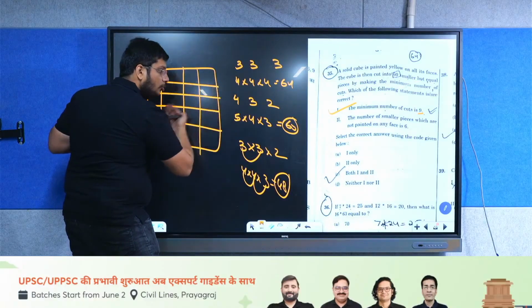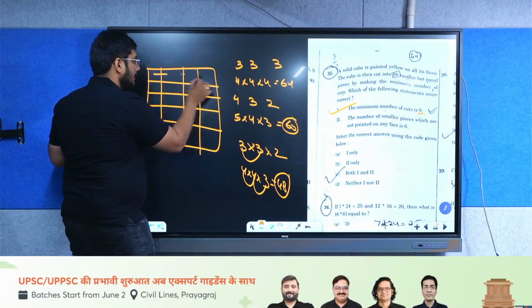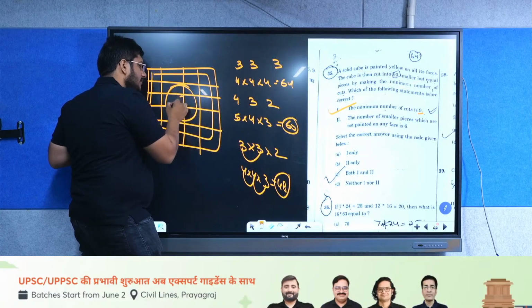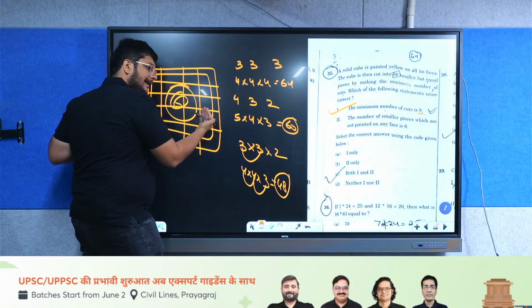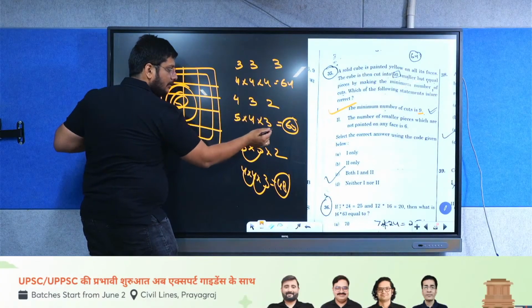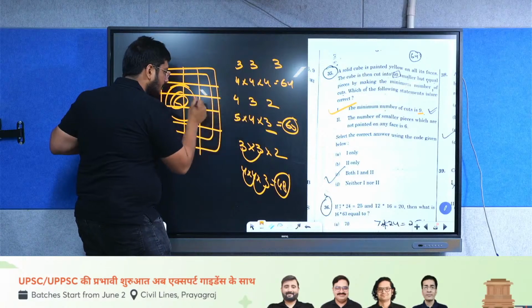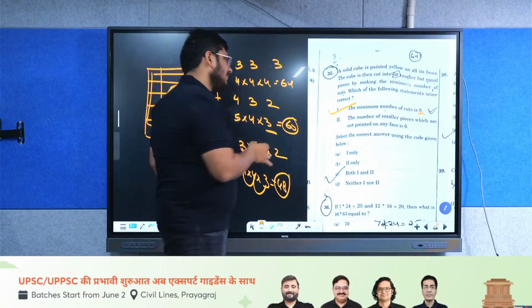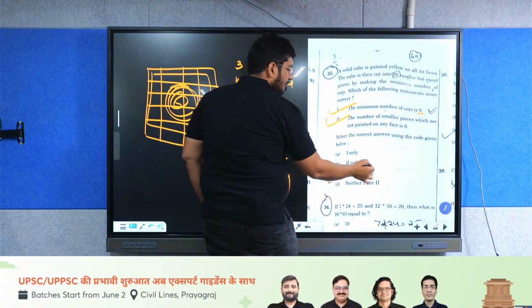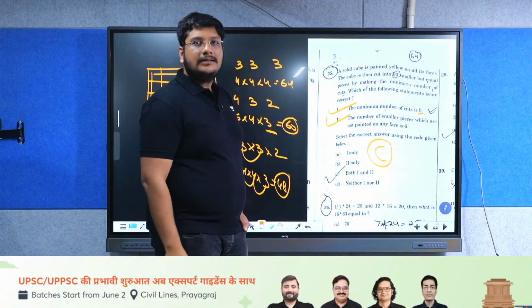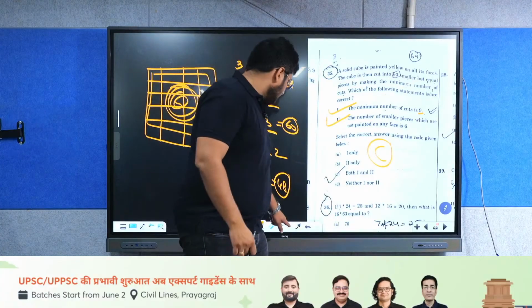Similarly, there will be 2 more rows below it. All these are painted yellow. These 6 cubes are below this layer and above the bottom one, there are 3 layers. So the middle ones, these 6 cubes, will not be painted on any side. That means even this is correct. So C is the correct answer, what has been marked. Correct answer, C. Clear?